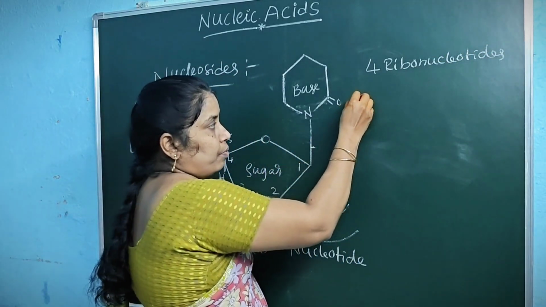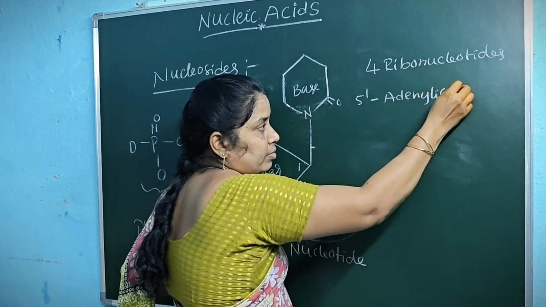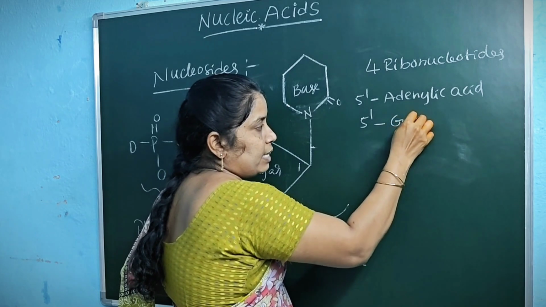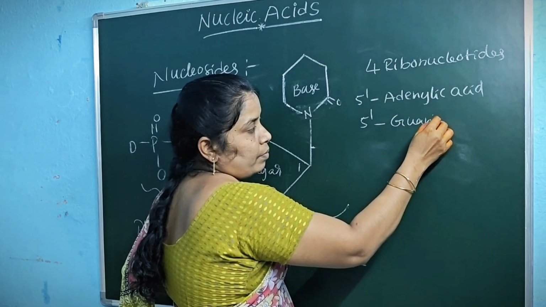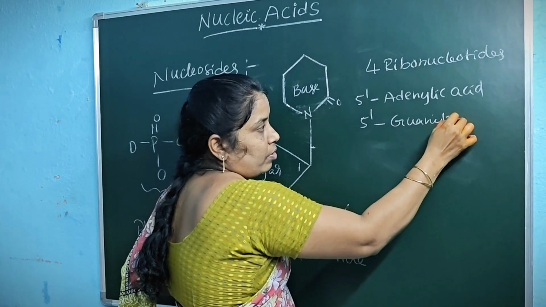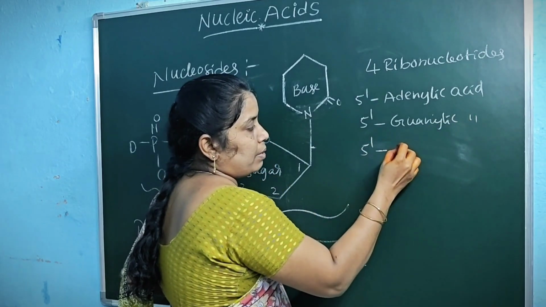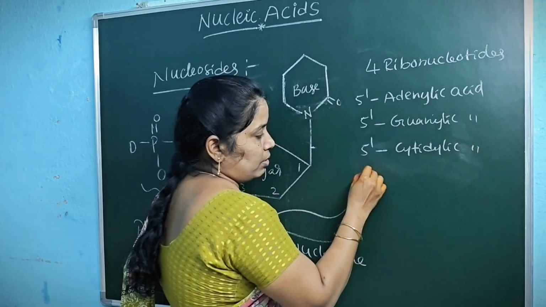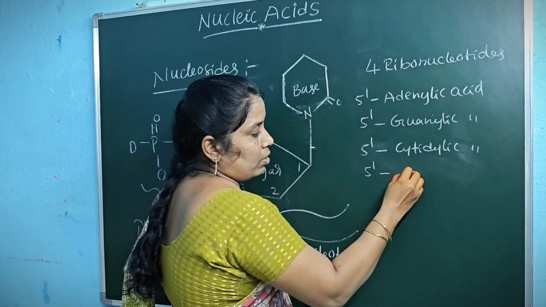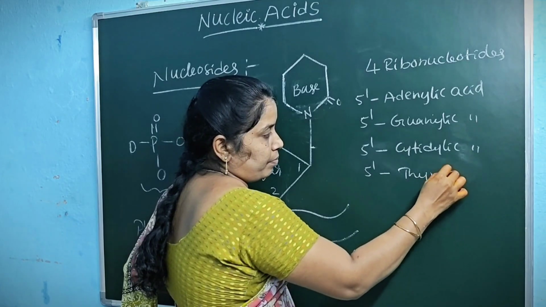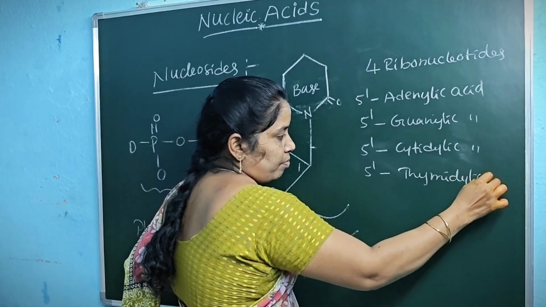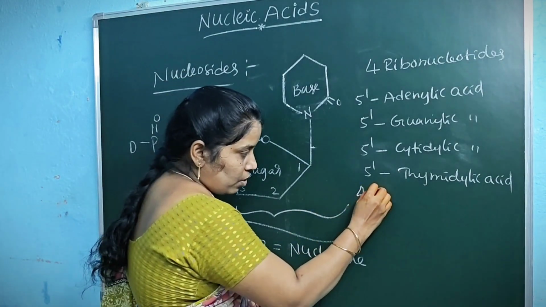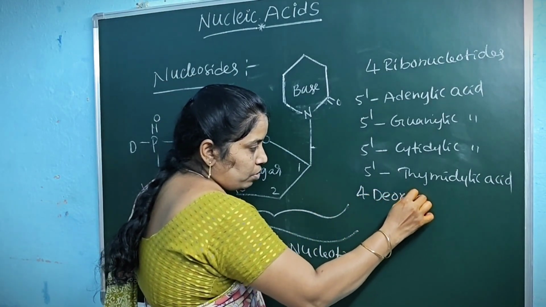So they are 5' adenylic acid, 5' guanylic acid, 5' cytidylic acid, 5' thymidylic acid. Let's see the 4 deoxyribonucleotides.